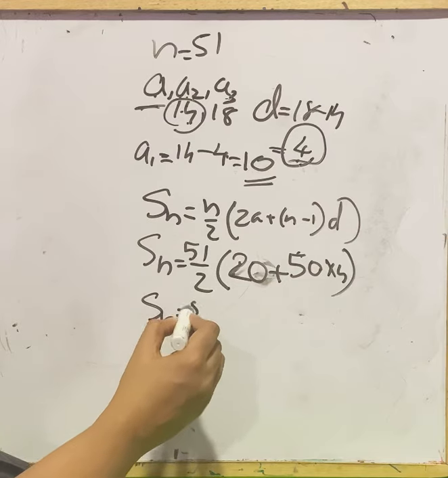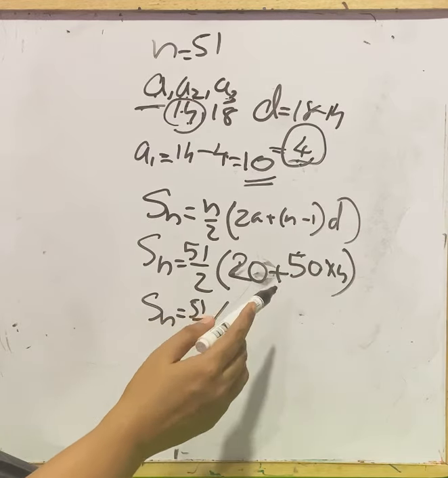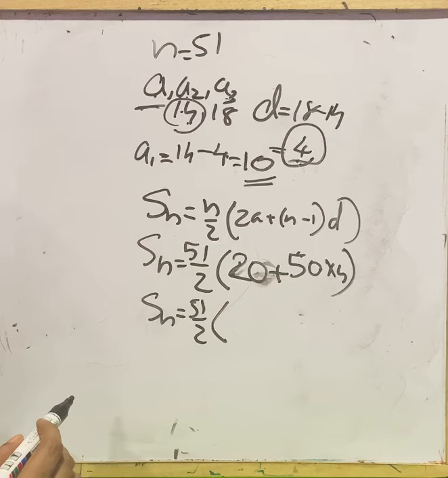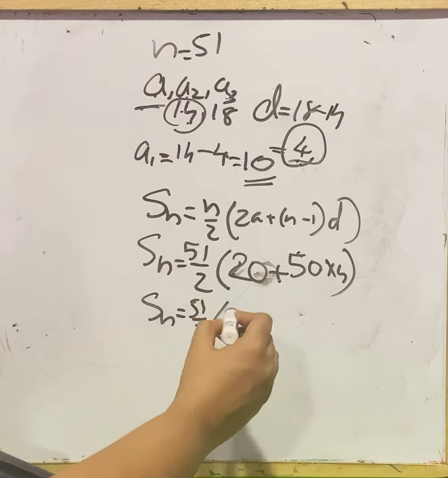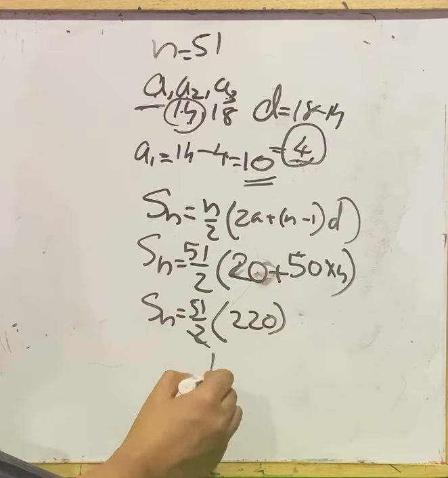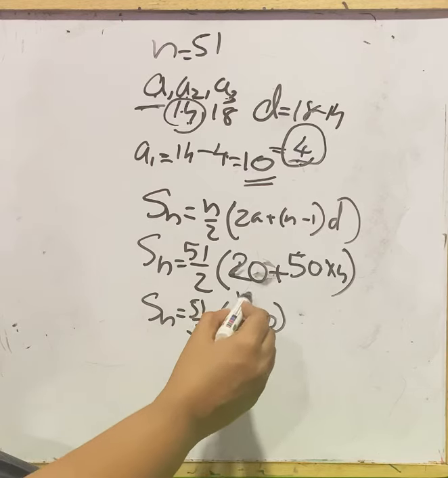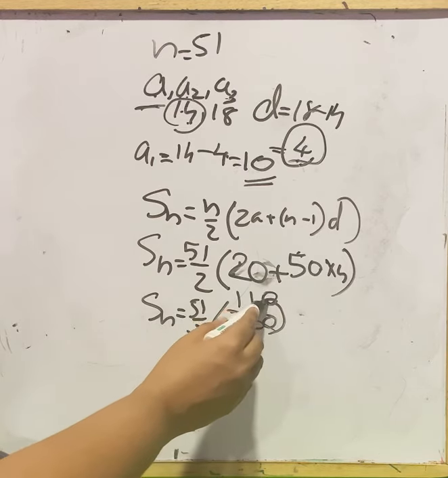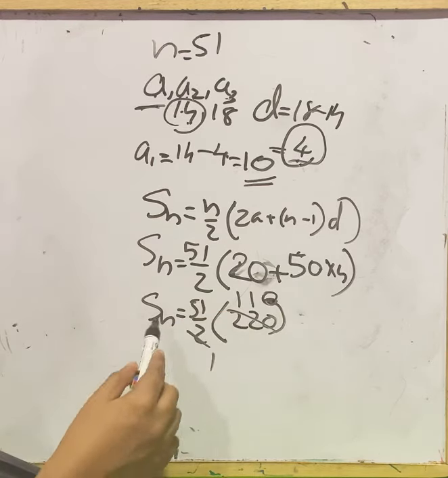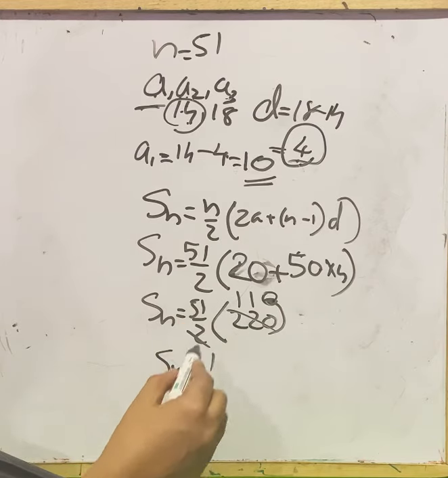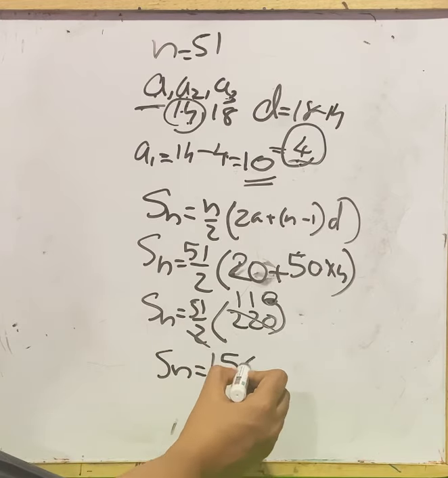Sn equal to 51 by 2, inside the bracket 50 fours are 200, 200 plus 20, 220. Now 2 ones are 2, here 110, dividing by 2. Now Sn equal to 51 into 110, 5610.